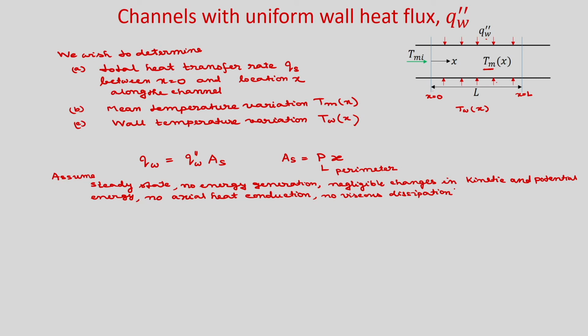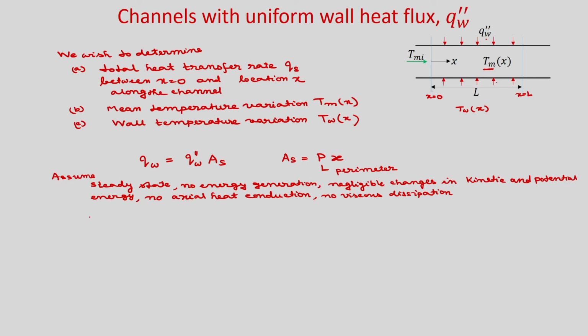With these assumptions, if you do the energy balance, whatever heat is transferred from the wall to the fluid, the fluid gains in temperature while going from the inlet to the distance x.